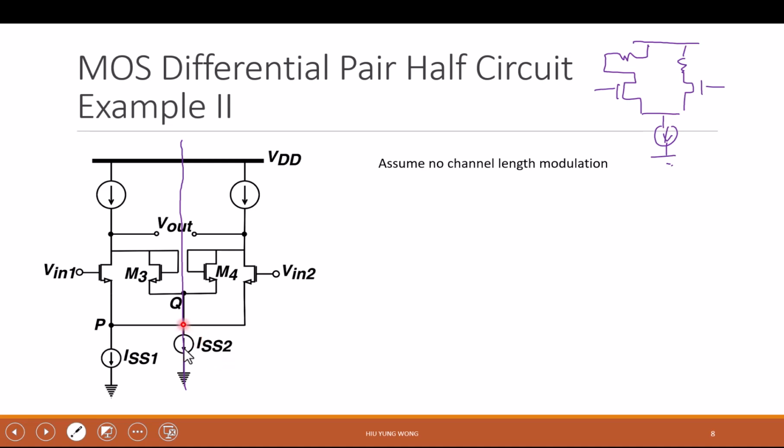Here it does not touch. So be careful. Let me remove this line. The ISS is only connected to Q, and this one is only connected to here.